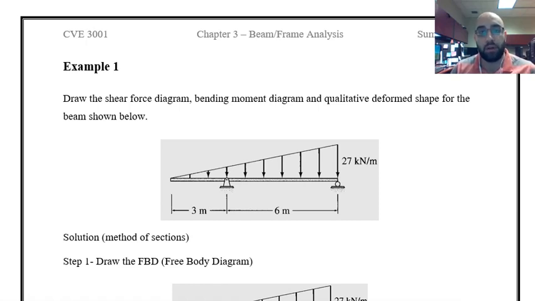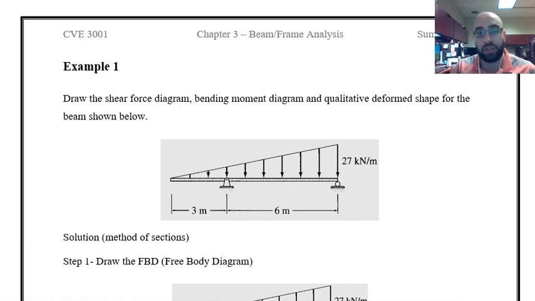The first method was the method of sections, in which we considered some section cuts along the length of the beam, and based on the positive direction conventions that we have, we considered the positive shear force and bending moment.